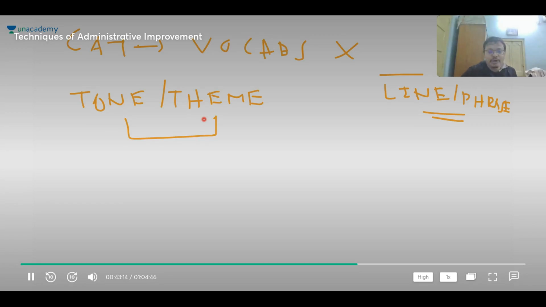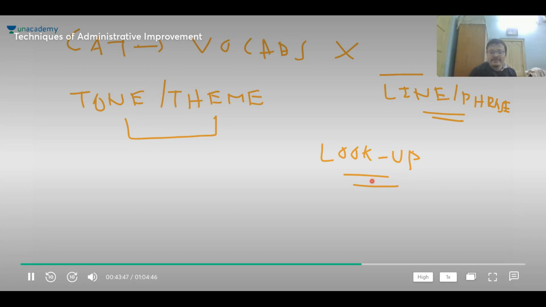In such cases, whenever you encounter a new word, where it's a one-word option, please try, after the RC is done, to look up the meaning of that word, so that next time you get the same word in a tone or theme question, you automatically understand that, okay, this is what qualifies as a sarcastic tone, this is what qualifies as a didactic tone.